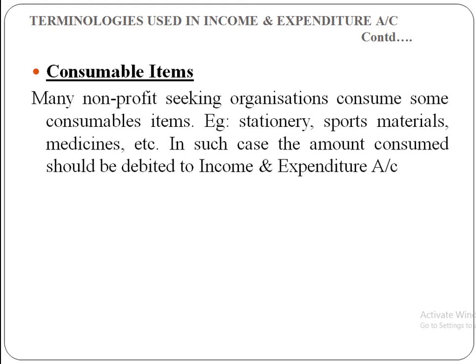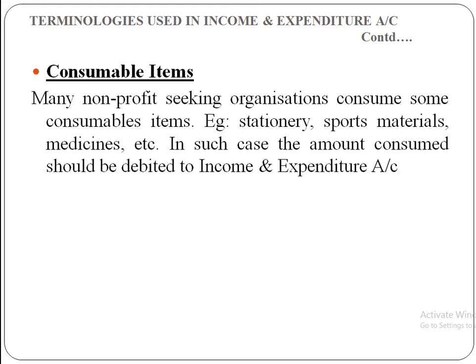These are items daily purchased or consumed. We have opening stock and closing stock, and the amount which is consumed should be debited to the income and expenditure account as an expense. Do you understand?